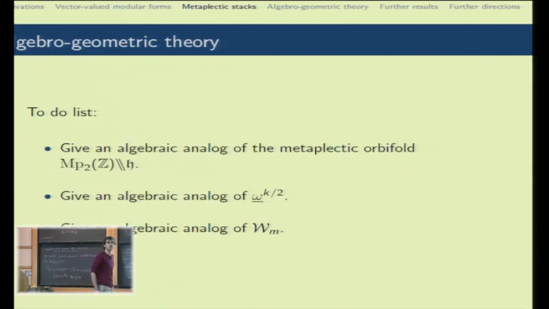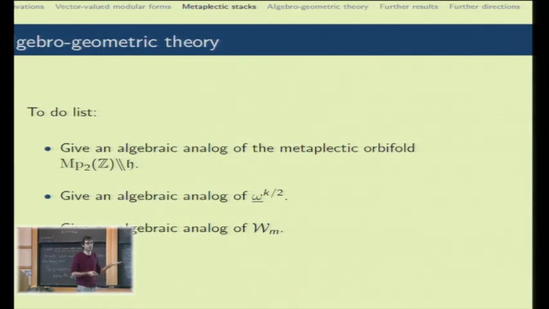Okay, so here's my to-do list. I need to give you an algebraic analog of this metaplectic orbifold. It's going to have to be some kind of stack. Of course, the first place you look is the usual stack you work with, H modulo SL2Z, the moduli stack of elliptic curves.